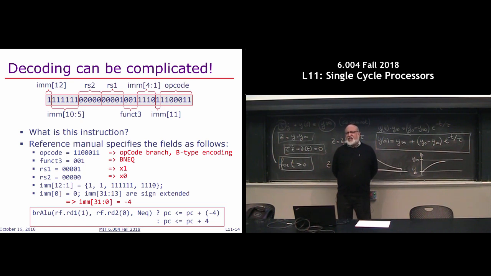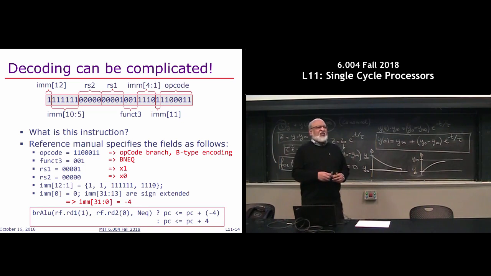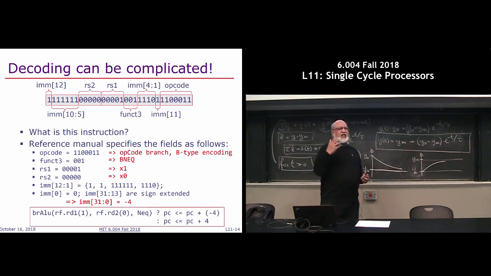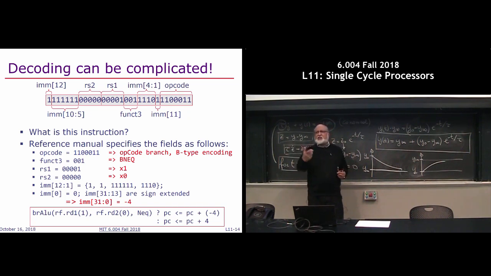And the thing I want to remind you again is it's always very straightforward to find out RS1, RS2, RD, etc. It's also not so difficult to find out opcodes, though in some cases it'll get tricky. But the most complicated part in decoding an instruction is to put together these constants.